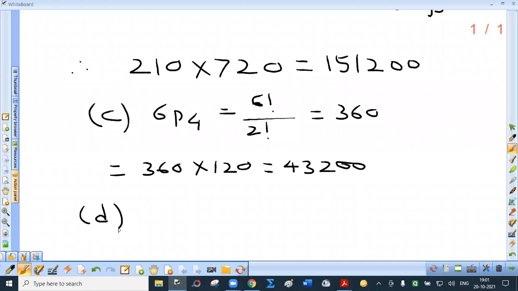Remaining 7 letters can be arranged in 7P7 equal to 7 factorial equal to 5040 ways.